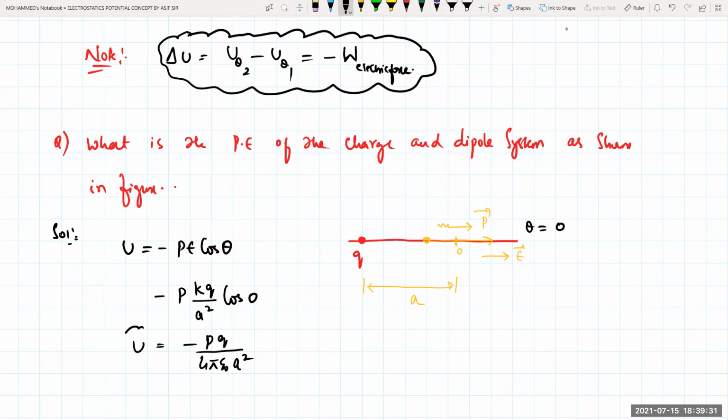This will be the potential energy. Clear?